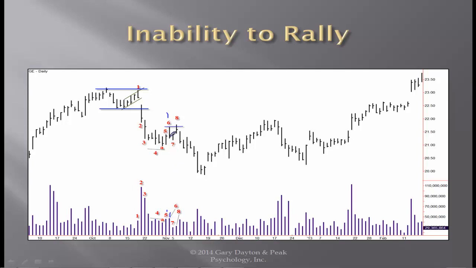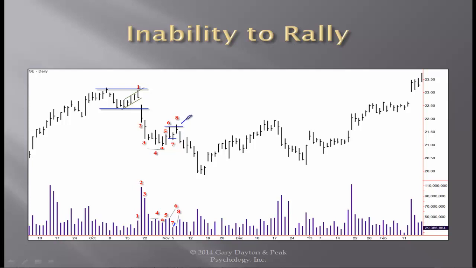Well, why aren't we at least making the same amount of progress as we did on bar 5, which would be a close somewhere up in here? But we're closing down on its lows. That's negative. That's selling coming in. Sellers have come in. Then on bar 7, we go underneath the low of 6 and close up on light volume. Sellers didn't step in, but it also suggests there's no real buying there either.